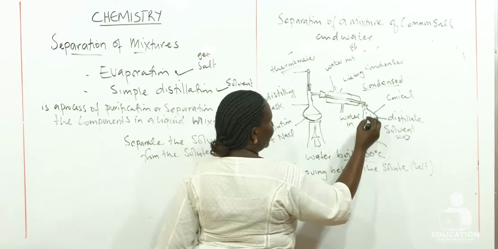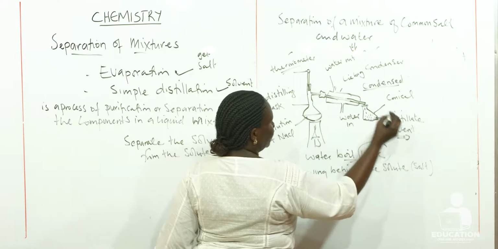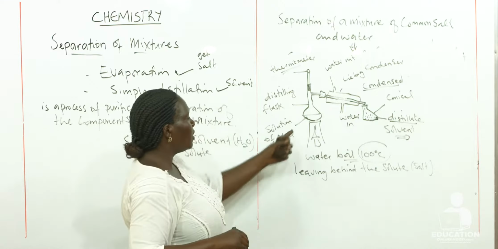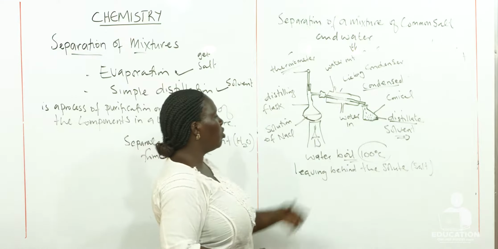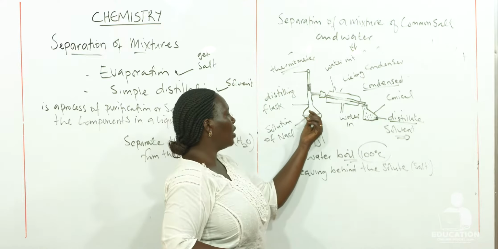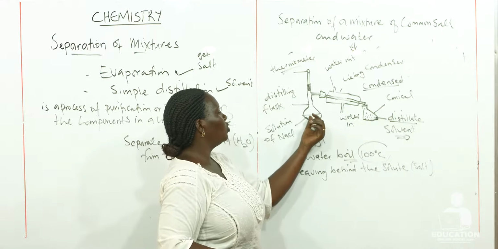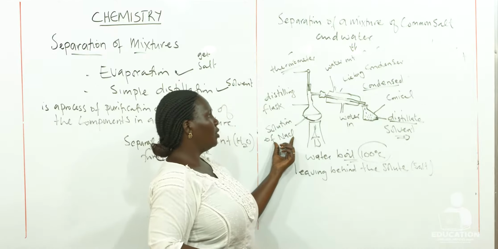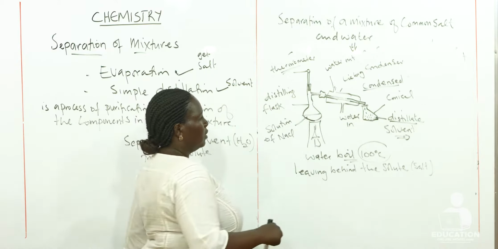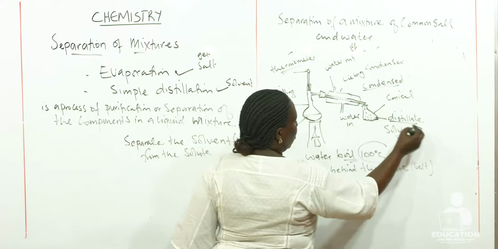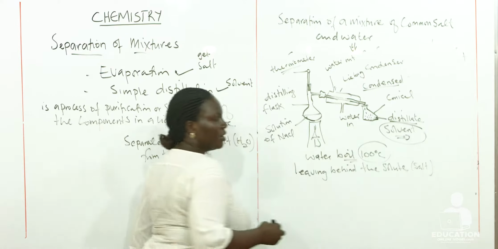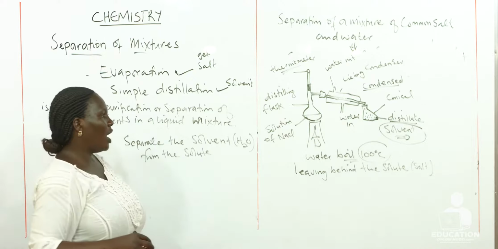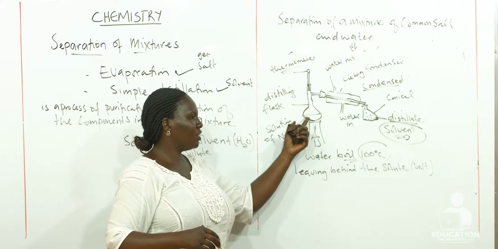So what is collected in the conical flask after distillation is called distillate. The process will continue until all the solvent evaporates from the solution, leaving the salt behind. So at the end, we will get our solvent, that is the water, and leave the salt behind.